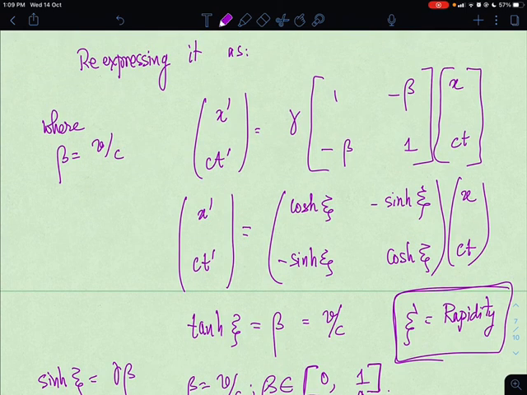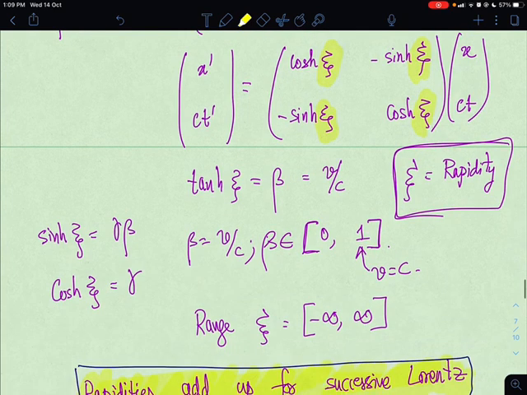First of all, these boosts have a continuous parameter. Say, for example, let's just take a boost in the x direction. The boost in the x direction is defined by one parameter, which is xi. As xi takes different values, we will have different Lorenz transformations. As the rapidity changes, you have different parameters, and this group has an infinite number of elements.